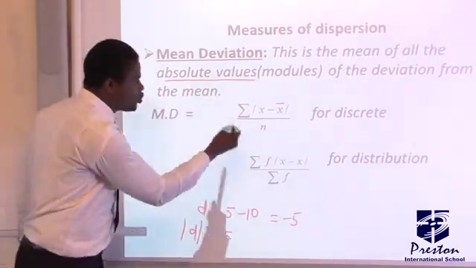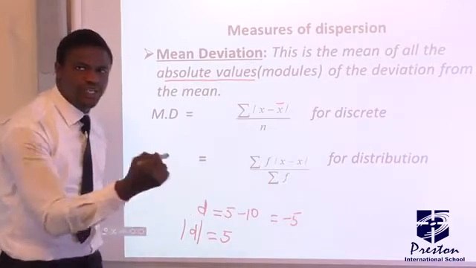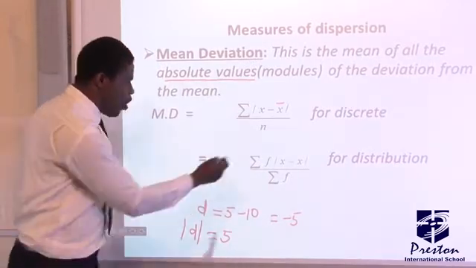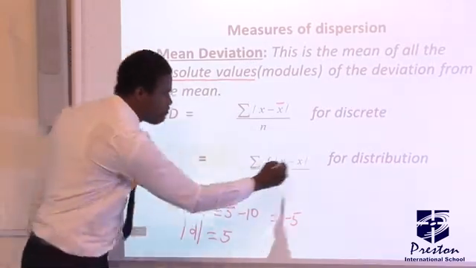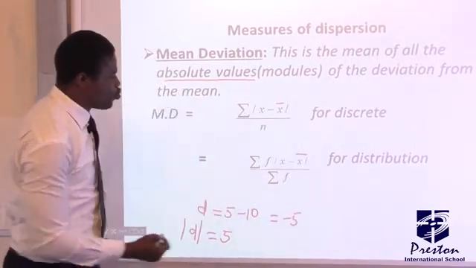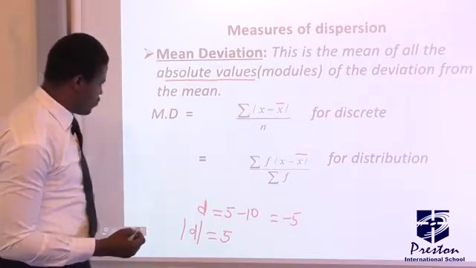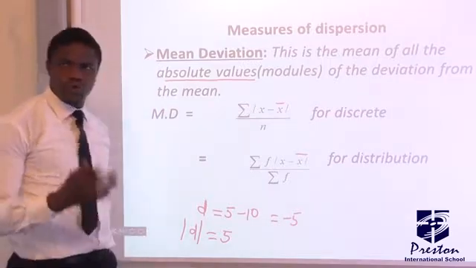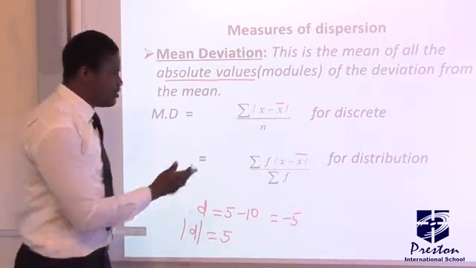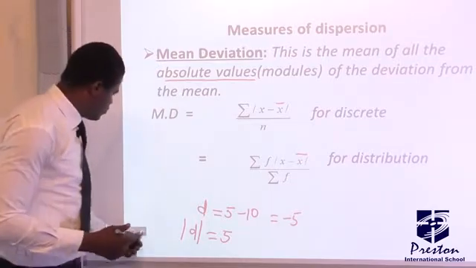That is the summation of all the deviations of each of the samples. Also for distribution, we have summation of f into absolute value of deviation over summation f. So in Google Classroom, we will solve questions related to this formula.